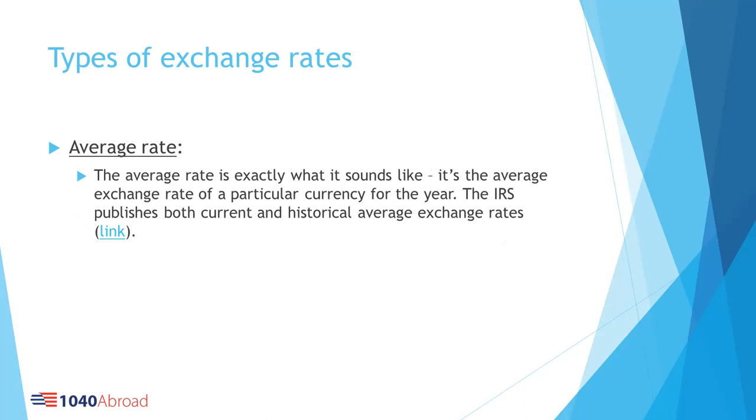And then we would use that average exchange rate to translate our income items that occurred throughout the year. The IRS does publish an average exchange rate, both for current year and prior years. It's not in any way legally binding. You can use any reputable source, including the IRS exchange rate.